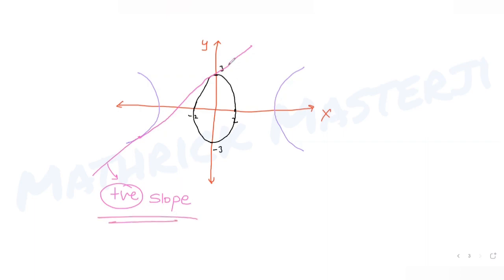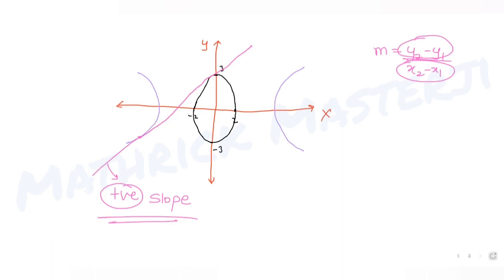As x is increasing, y is also increasing, so the differences in x and y will have the same sign. Slope is nothing but the difference in y coordinates over the difference in x coordinates. Positive over positive gives a positive slope. Even if both are negative, negative over negative still gives a positive value. So this line has a positive slope.